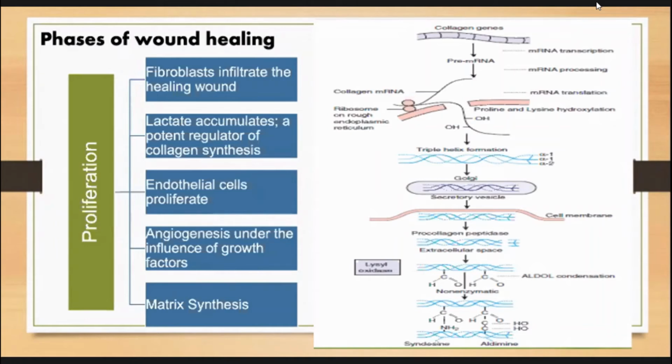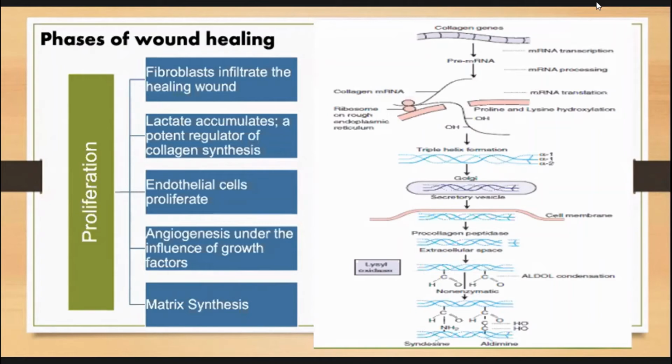Through a mechanism involving ADP, or adenosine diphosphate, these cells participate in formation of new capillaries, or angiogenesis, a process that is essential to successful wound healing, because without additional blood vessels, wound healing will not succeed.